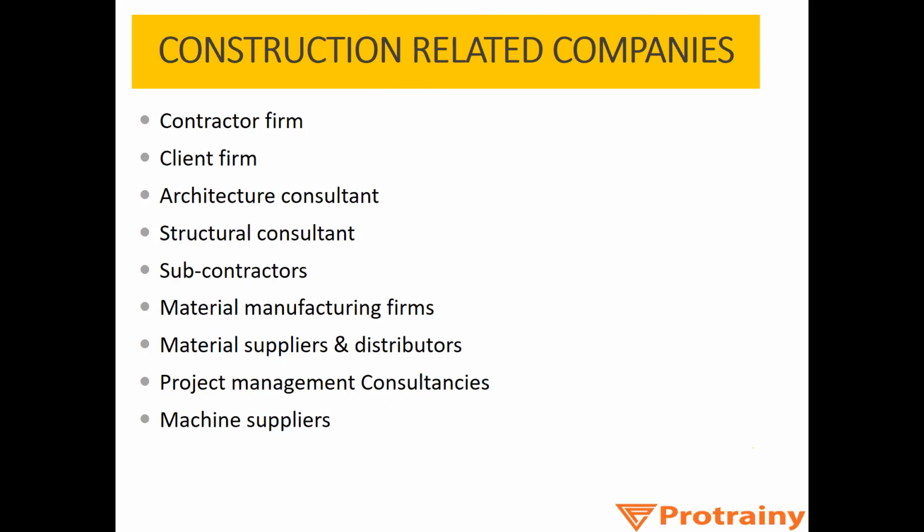Those people are known as subcontractors. Then material manufacturing firms, material suppliers, as well as material distributors. Then project management consultancies and machine suppliers. These are the different kinds of construction related companies, and they all hire people from construction management courses and certifications.